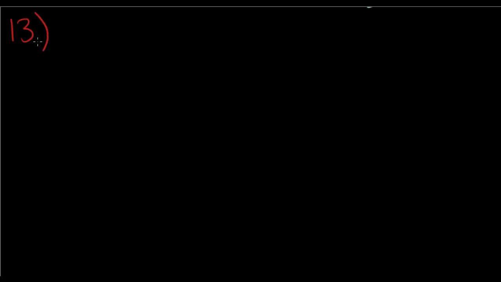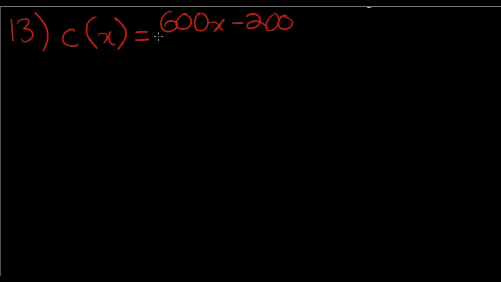So, the total daily cost, C, in dollars, of producing x units of a certain product is given by the function, let's write this down, C of x is equal to 600x minus 200 divided by x plus k, where k is a constant and x is less than or equal to 100. If 20 units were produced yesterday for a total cost of $640, what is the value of k?